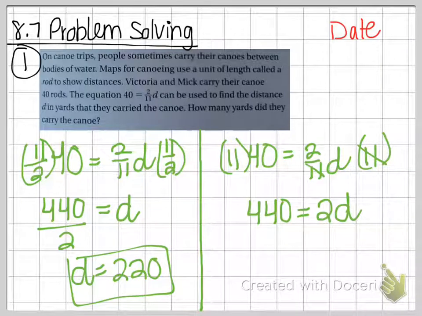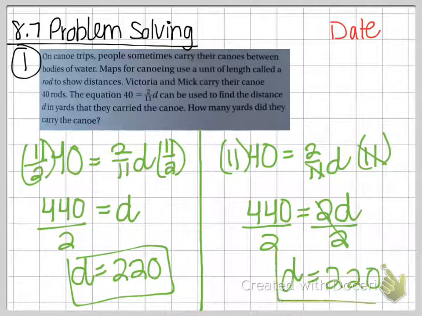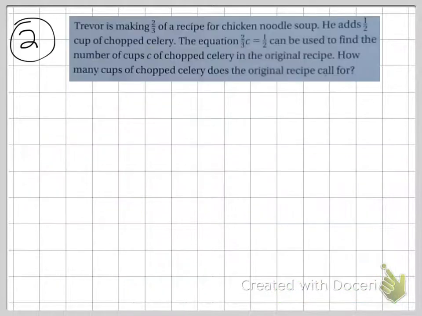Now I still have that 2d, and that's being multiplied, so therefore I need to divide both sides by 2 to get d by itself. So d equals 220. Same answer. Personally, I like the first way better. And this next problem will prove that you'll probably like the first way better too.